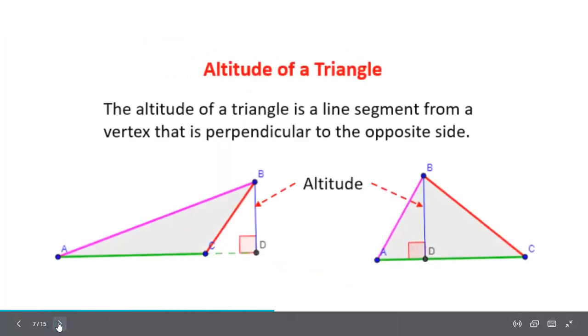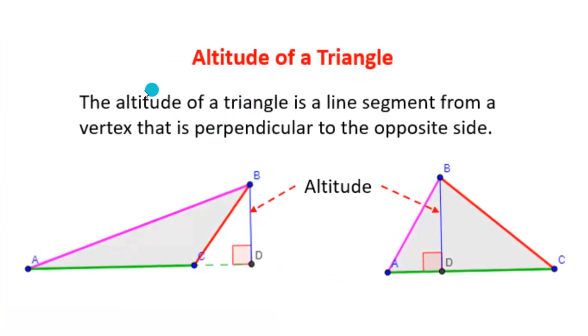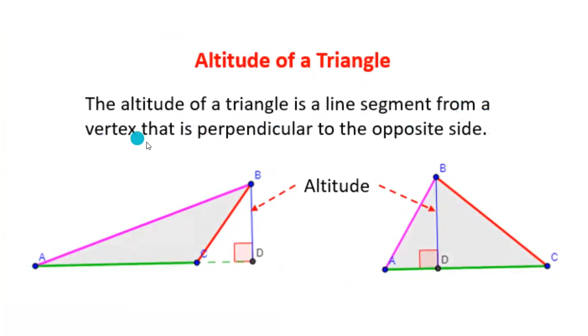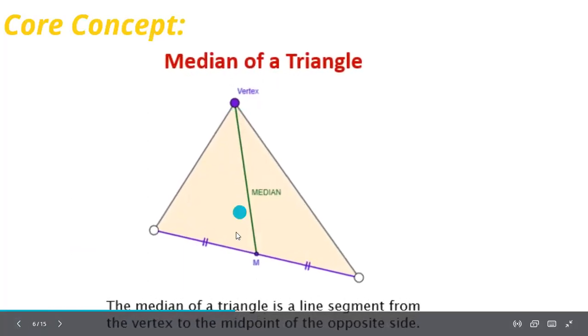Then altitude of a triangle. Altitude means the height of a triangle. The height of a triangle is the line segment from a vertex that is perpendicular to the opposite side. So from this, the line will be here, and it is perpendicular. Whereas the median is not a perpendicular line segment.